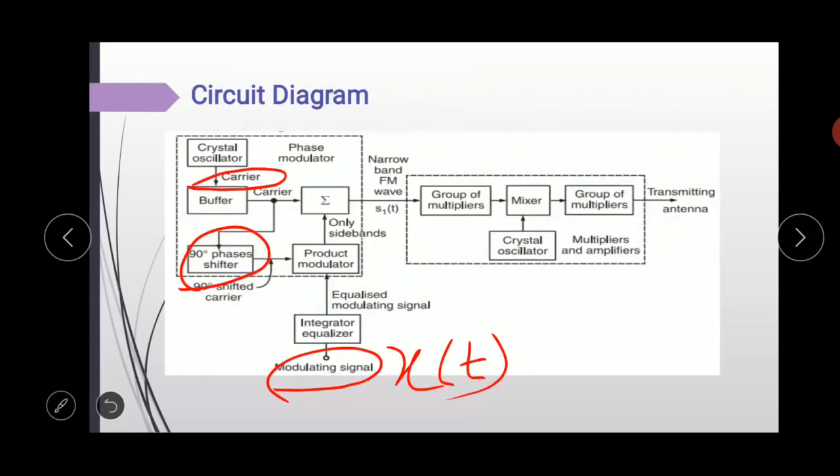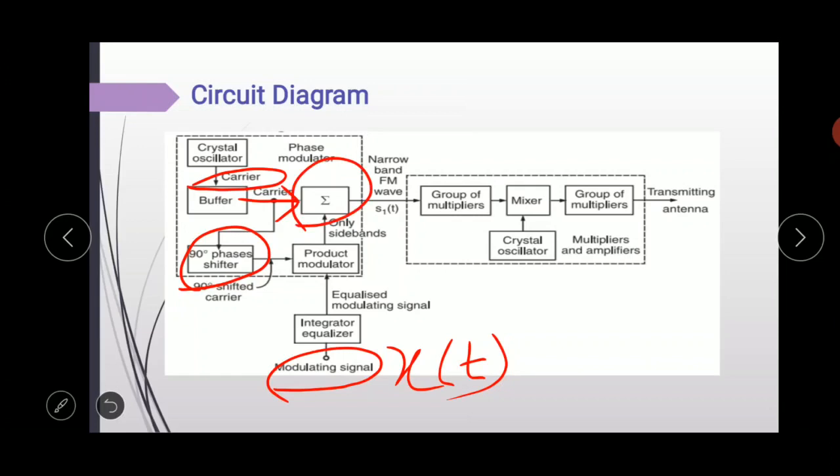Next, the DSB-SC signal means two sidebands, and the original carrier, that is without any phase shift, are applied to the combining network.